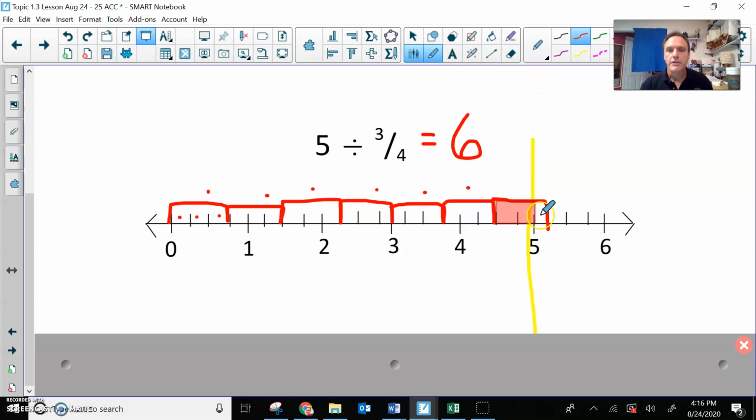Well, we need 3 sections, 1, 2, 3, right? Because that's 3 of the fourths, but we only have 2 of the 3. So we would say 2/3 of another group is there. Only 2 out of 3 is showing here. So we have 6 2/3 groups of 3/4 in 5 right there.